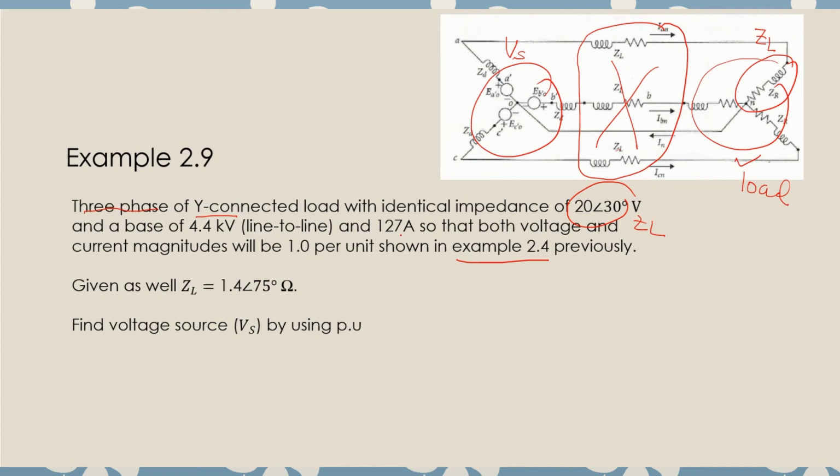This is very important: both voltage and current have to be 1 per unit. And you are given your ZL as 1.4. Oh, sorry, you do have ZL.